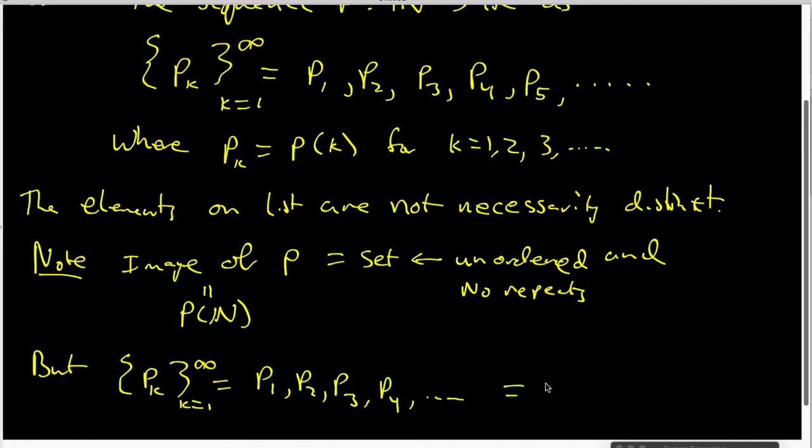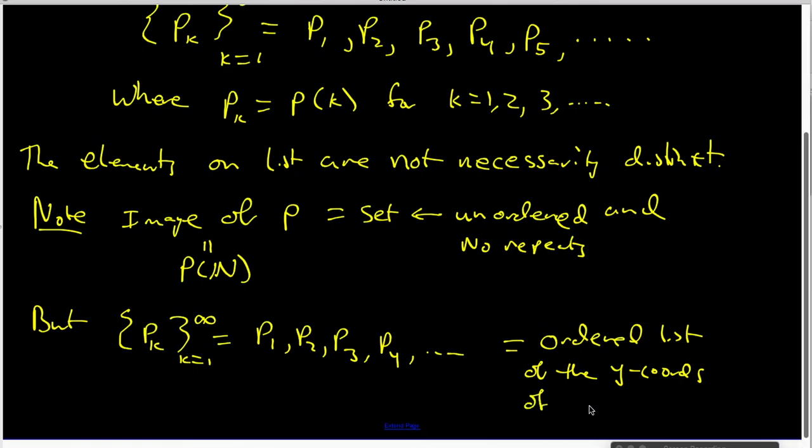So this will actually mean the ordered list of the y coordinates, if you will, of the sequence. Because remember, the sequence itself has ordered pairs. Now, that's also another thing that I want to introduce.